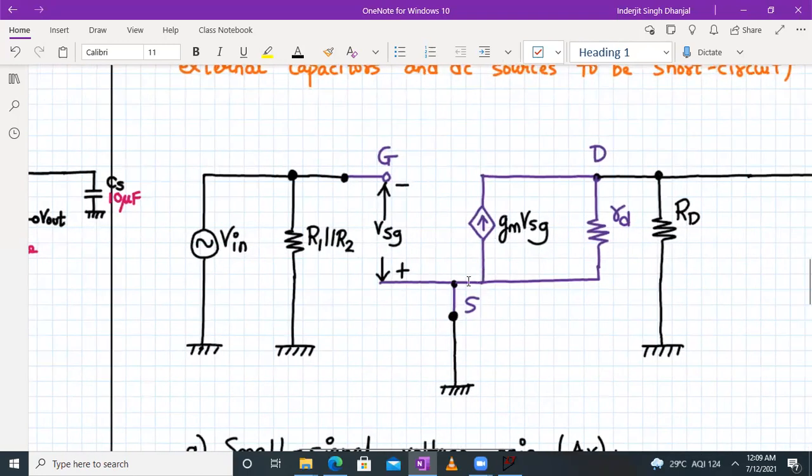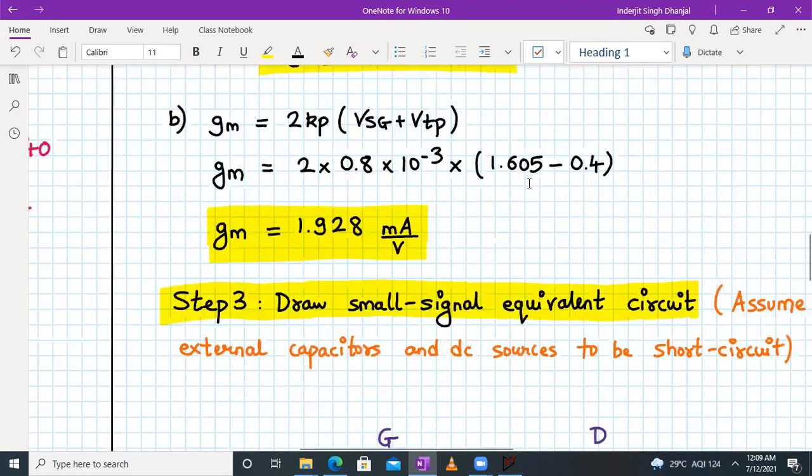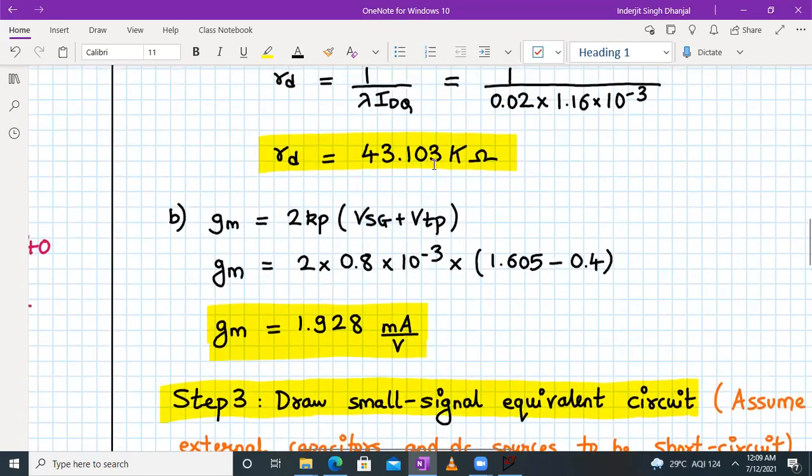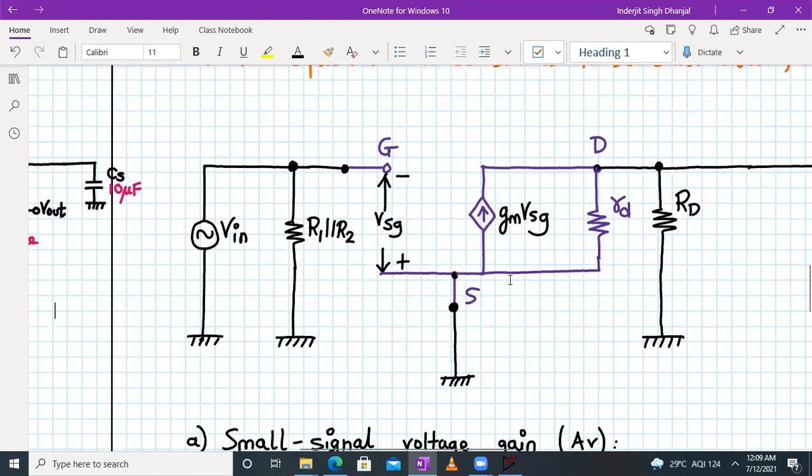So the current source direction also will be from source to the drain terminal, which is given by GM into VSG. And also we have RD, because the RD value we have estimated to be 43.103 kilo ohms. So we have added this over here also.